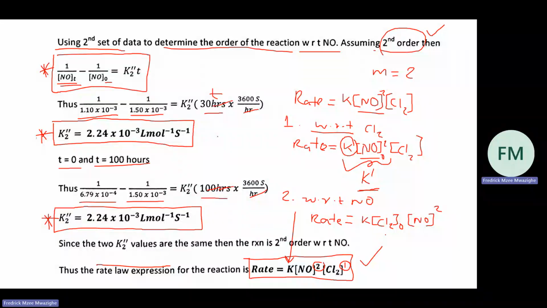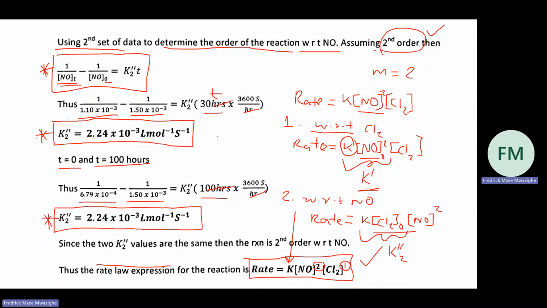Since the chlorine concentration is constant, this particular term in the expression represents K2 double prime.